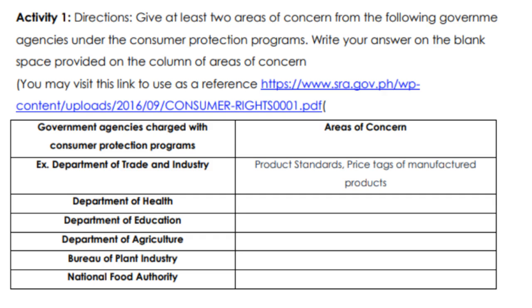You may visit the link as reference. Consumer agencies charged with consumer protection programs, such as: Department of Trade and Industry, Department of Health, Department of Agriculture, Bureau of Plant Industry, National Food Authority. In the other column, write the areas of concern.